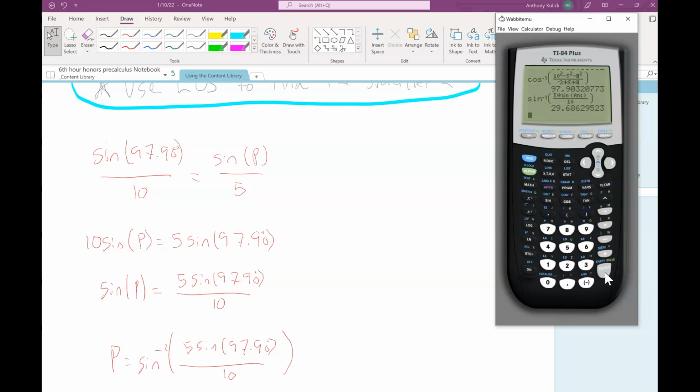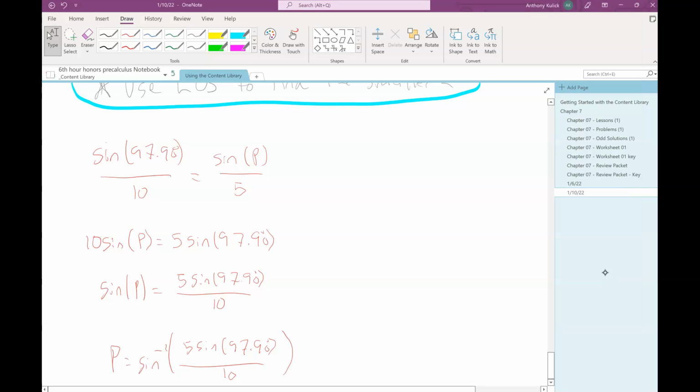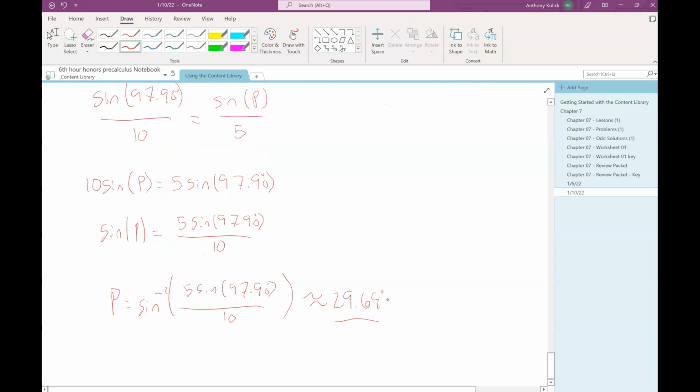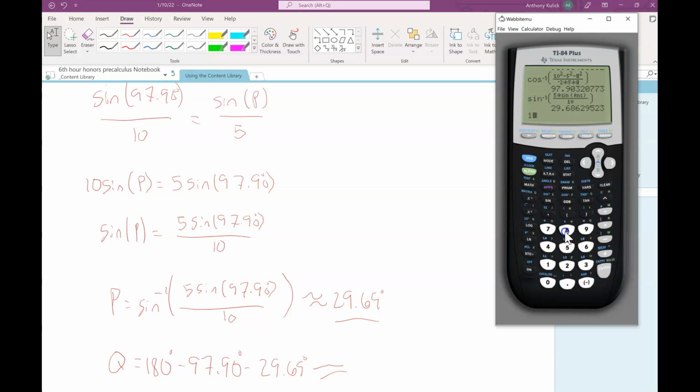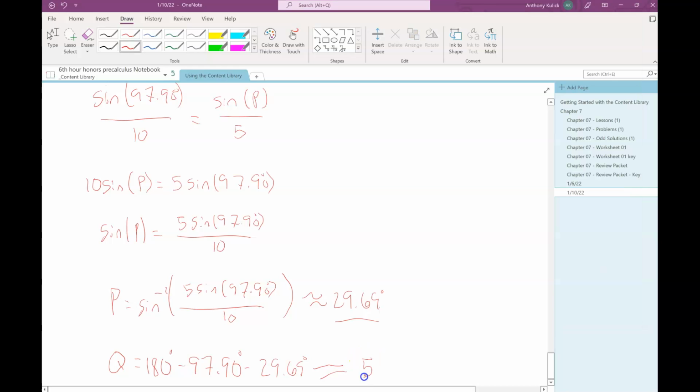So when I do that, I get 29.69. And now that I got two of the three angles, that last angle is easy to get. So 52.41.